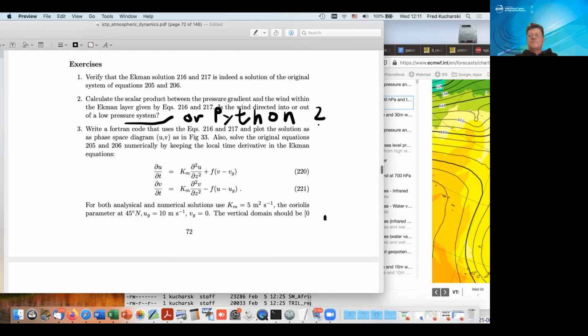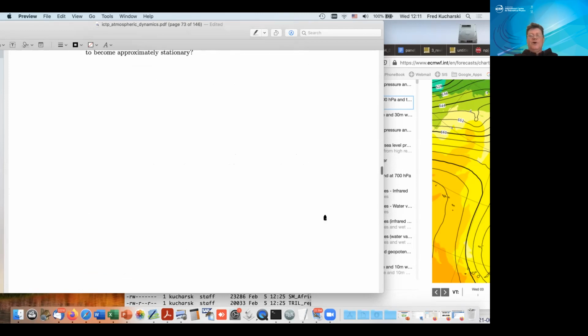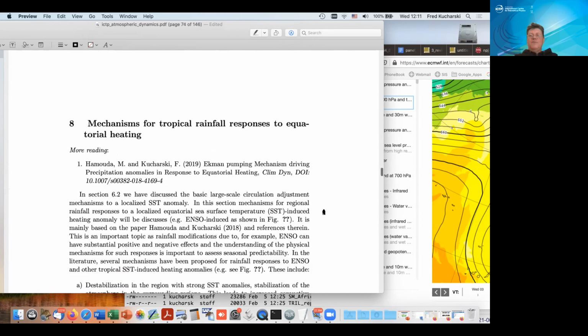Please do it. Okay, so tomorrow then we will make use of what we have learned today. So tomorrow we have lecture again at 11. And we will make use of this property of Ekman pumping to try to understand the mechanisms for tropical rainfall responses to an equatorial heating, for example, to an El Nino-induced heating anomaly in the atmosphere.